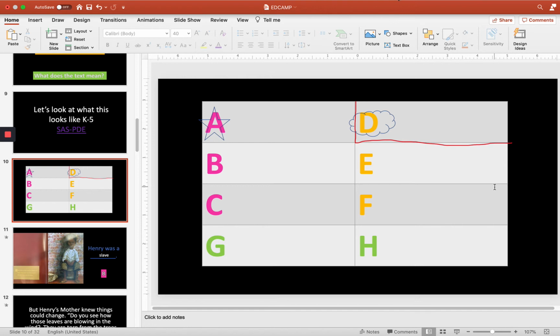Now, as we talk about those standards, there's an H, I, and J. I and J are acquiring and using vocab, which I'm not going to get to today. We are actually just going to talk about vocab in terms of author's craft and structure.